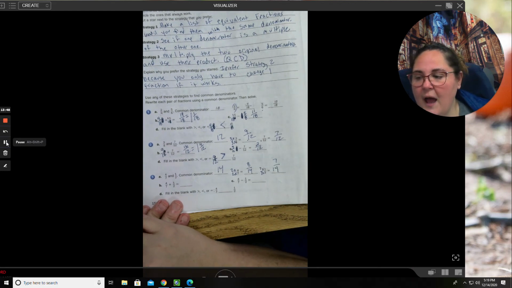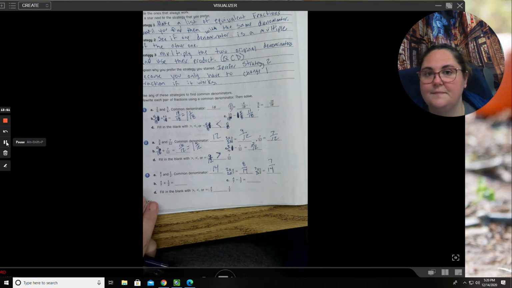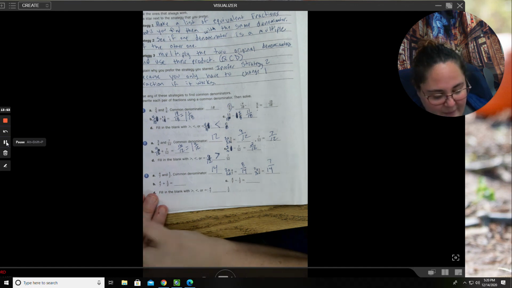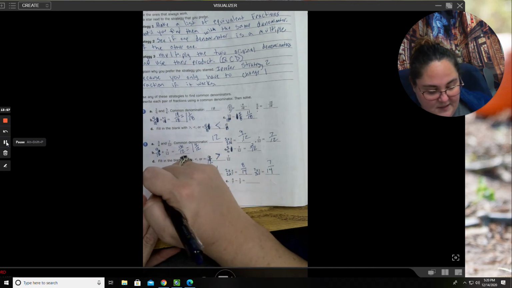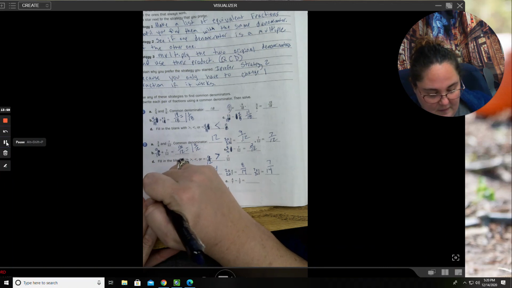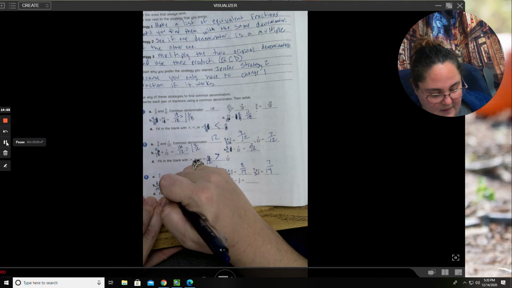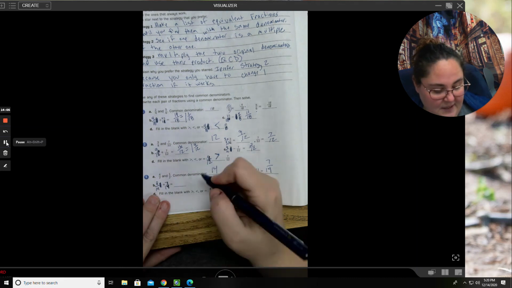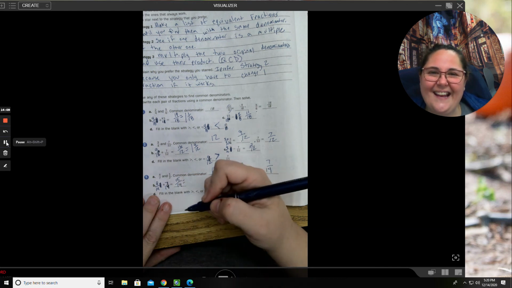All right, how would I rewrite problem B? The way I would rewrite this is I would take my 4/7, which is the same as 8/14ths. 1/2 is the same as 7/14ths. And then I would add 8 plus 7 is 15 over 14. And then I would rename that.